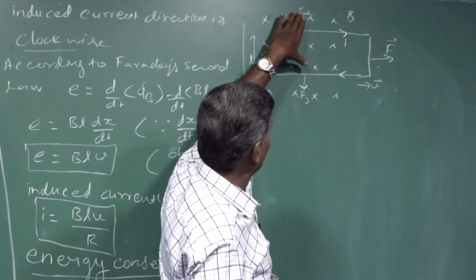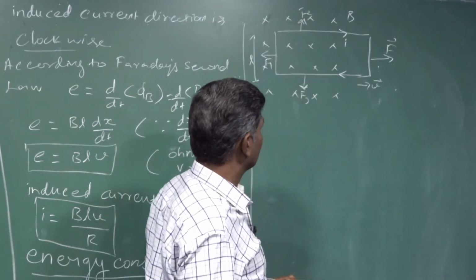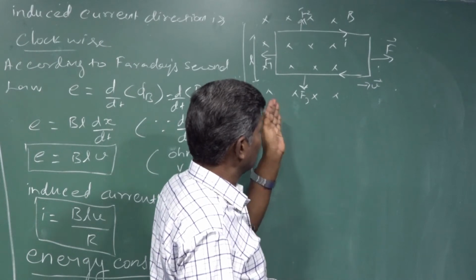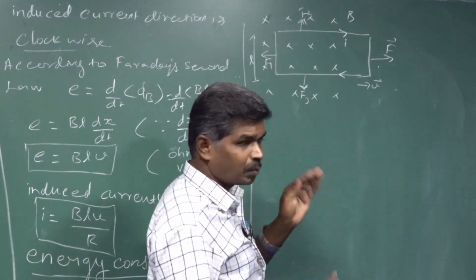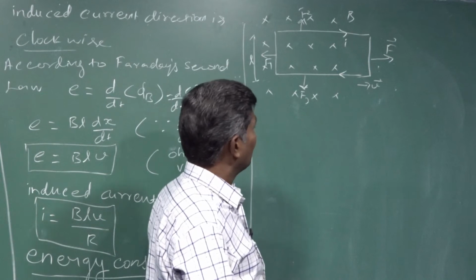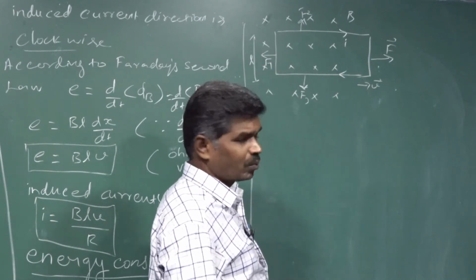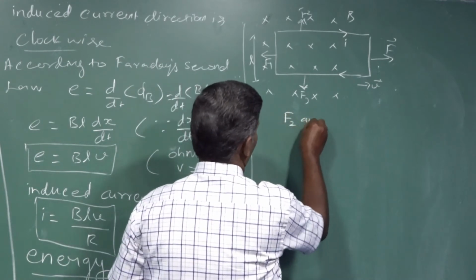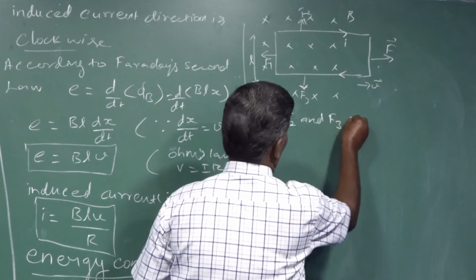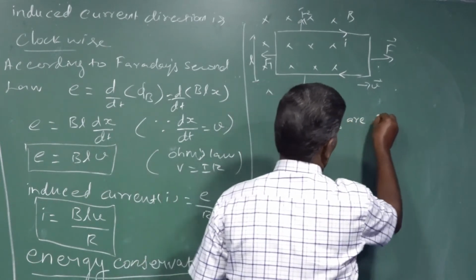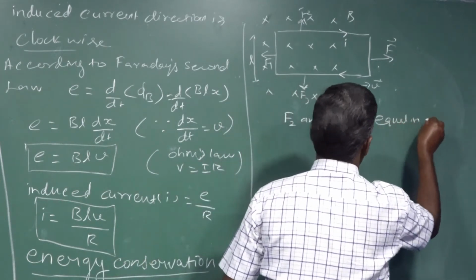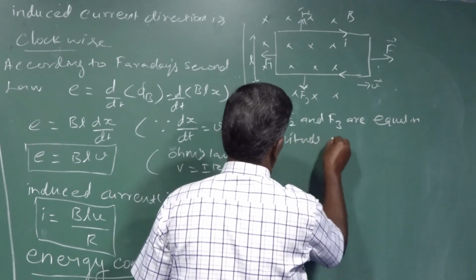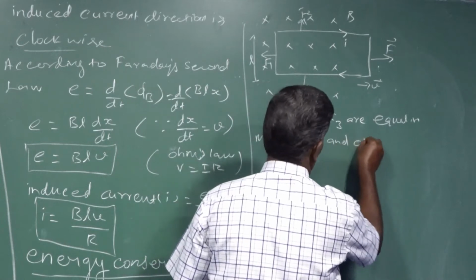So what happened is that for F2 and F3, the same current flows, and the lengths of those current carrying conductor parts are also the same, and the magnetic field is also the same. That's why F2 and F3 are equal in magnitude and opposite in direction.